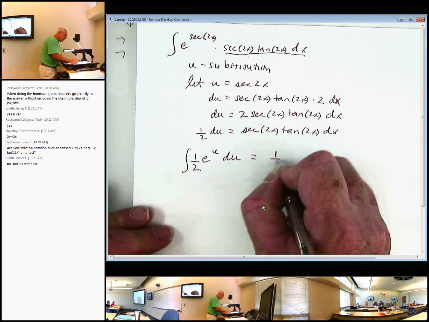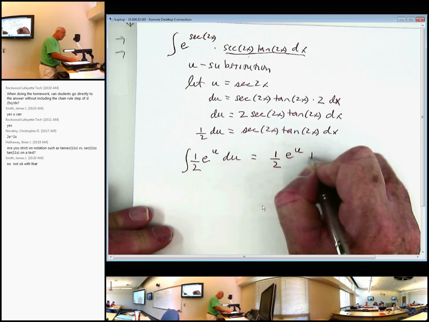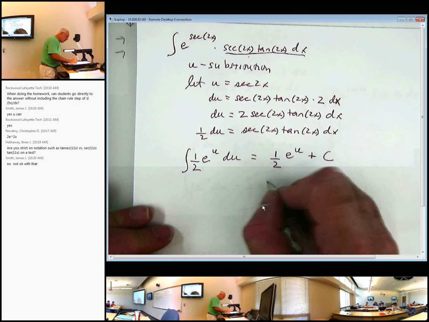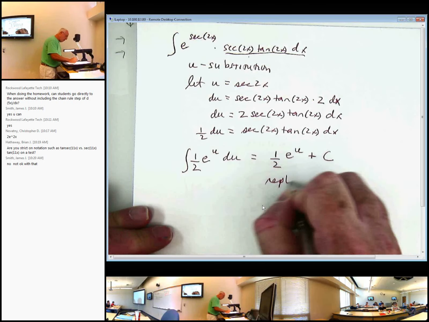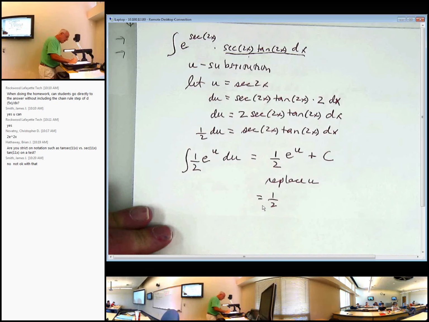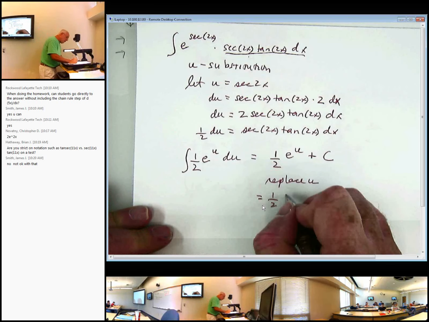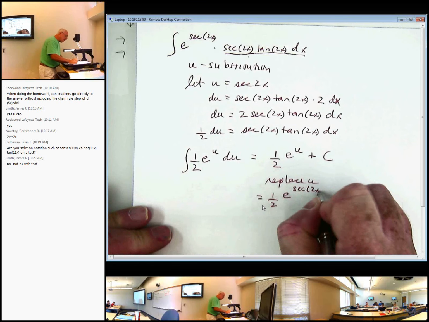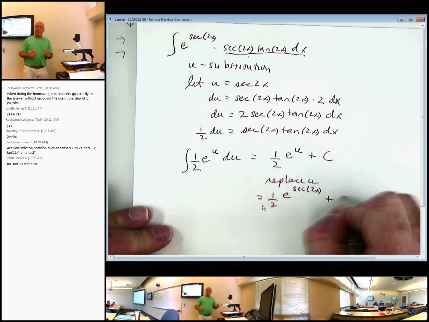It's 1/2 e to the u plus capital C. And now we replace the u. And so this is 1/2 e to the secant of 2x plus the capital C.